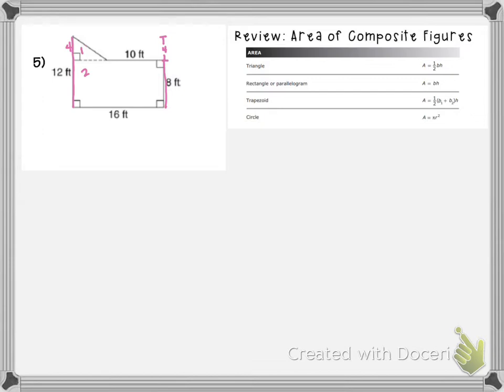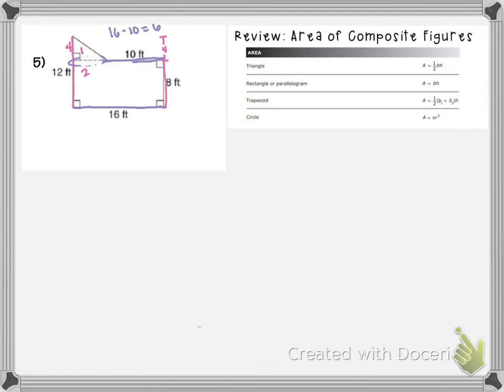Okay, so let's get a different color. If the base of your rectangle right here is 16 and this part is 10, then you've got to figure out what's the remainder there. So we would do 16 minus 10, which gives you 6.